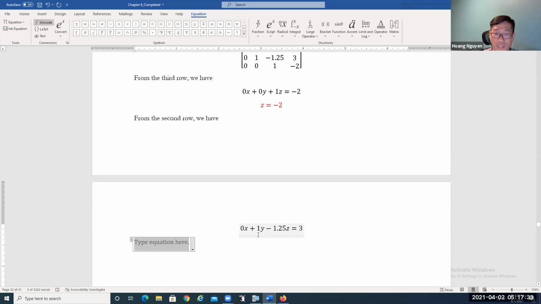Now 0x is just 0, right? So 1y is just y, minus 1.25 times negative 2, equal to 3.